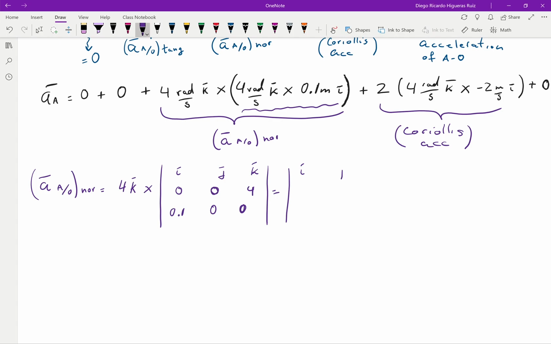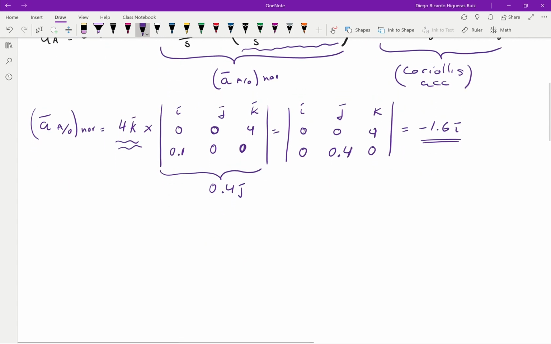Basically, we can have a second cross product, which is 0, 0, 4k from here, and from this cross product we're gonna have 0.4 in the j, so that's gonna be 4 times 0.4 in the j. Okay, good, and that's gonna be equal to minus 1.6 i.